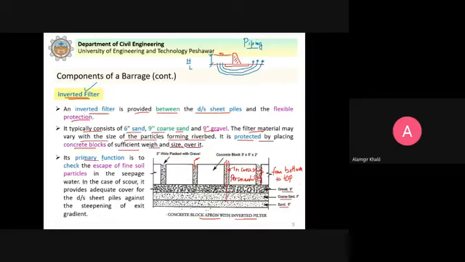So its primary function is to check the escape of fine soil particles in the seepage water. This is what I already explained. So for this purpose, this inverted filter is provided here, so that soil particles are not allowed to escape and only the water is allowed to escape.